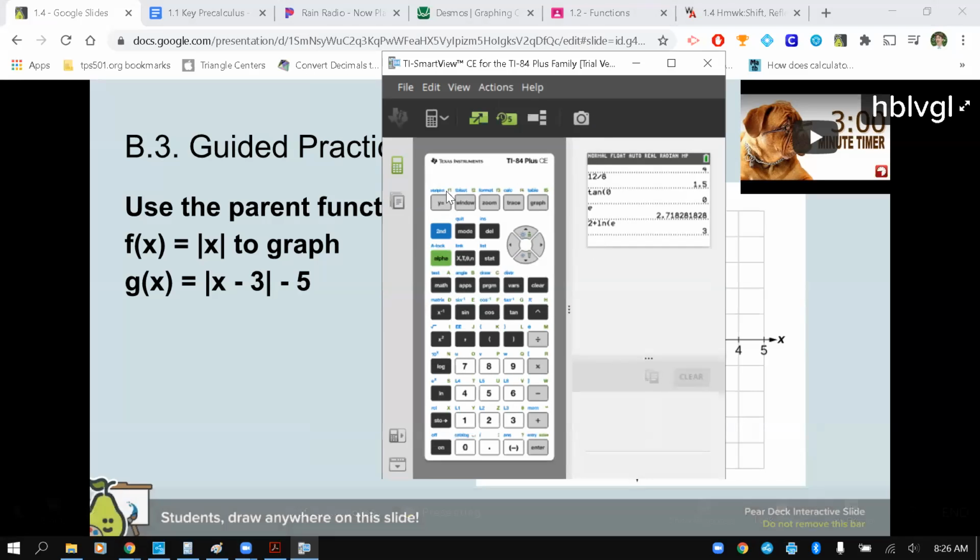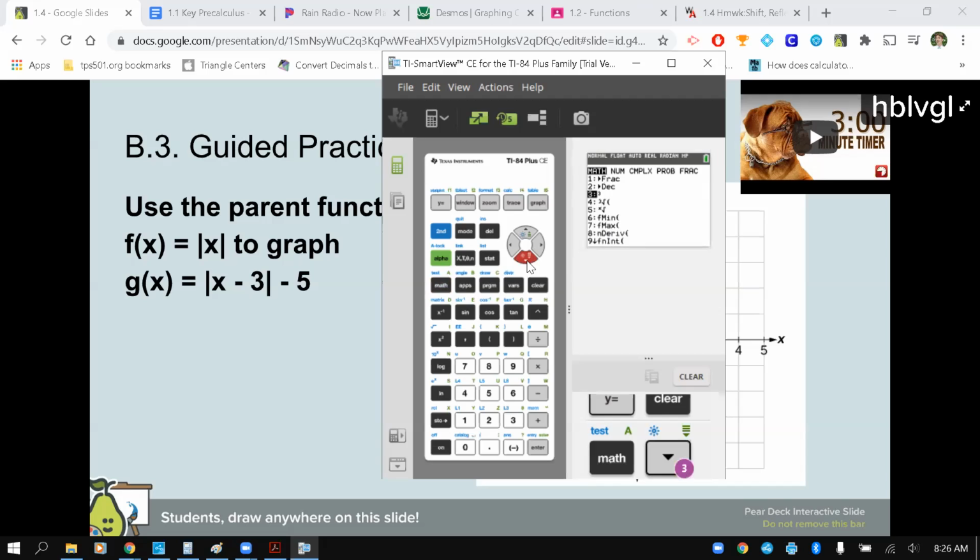Okay, to type it in, you go to y equals, clear out anything you did before, and then if you want to type in the absolute value, you have to hit the math key. It brings up a whole bunch of functions that you didn't have before.